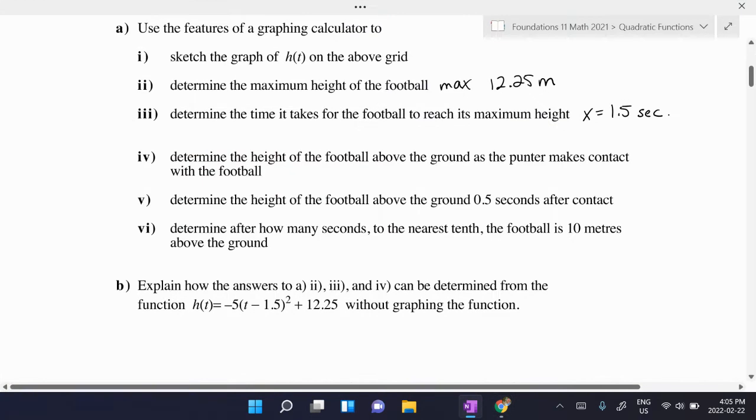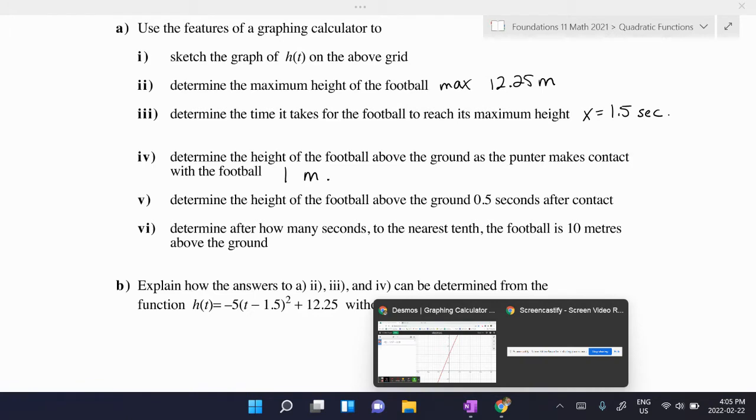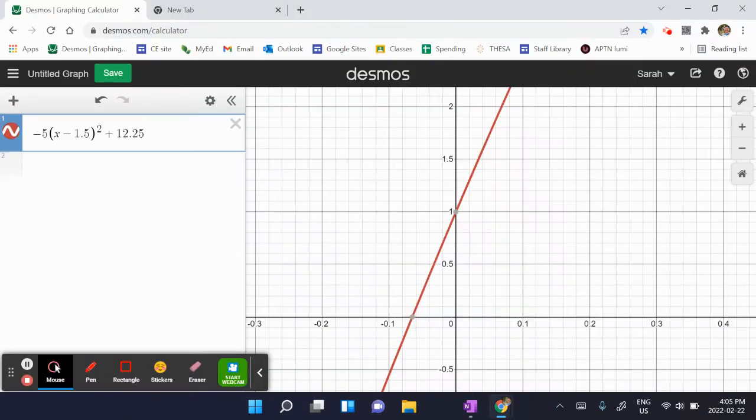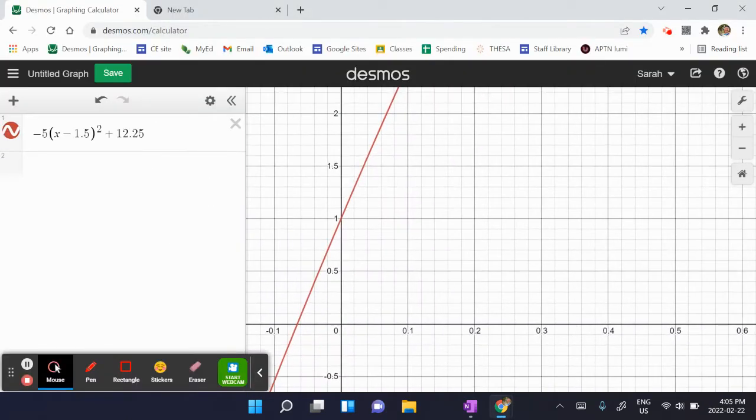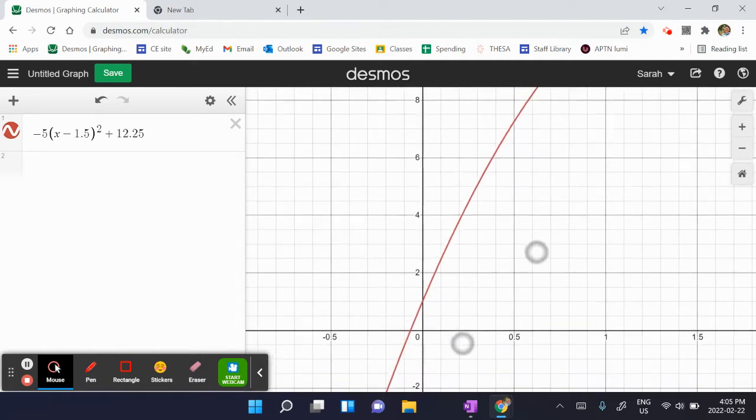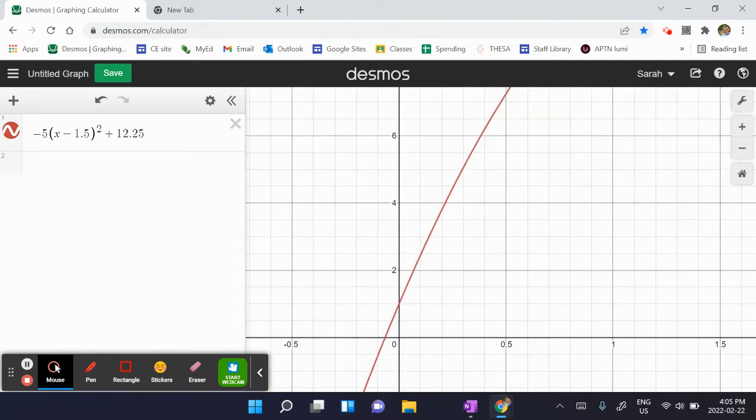So 1 meter above the ground. Determine the height of the football above the ground at 0.5 seconds. So that's when x is equal to 0.5. That gives 7.25.